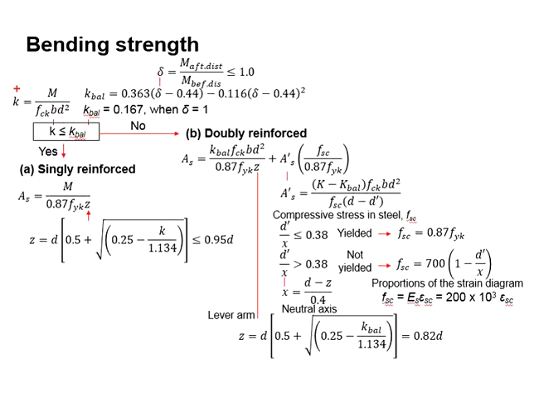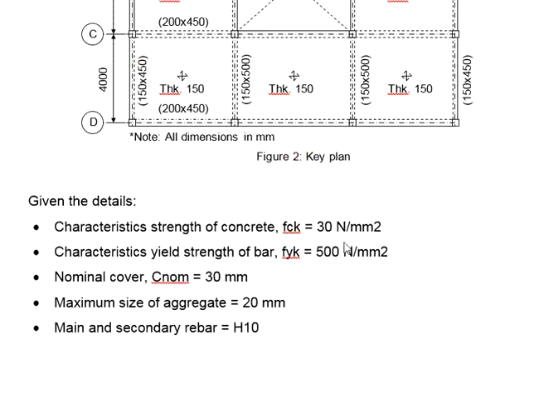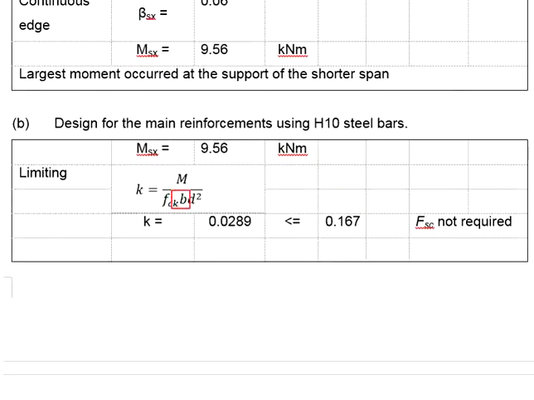Therefore, we will need to first determine K using this equation. You have the moment equal to 9.56. fck, the concrete strength, equals 30 Newton per mm square. The b refers to the width of the slab.